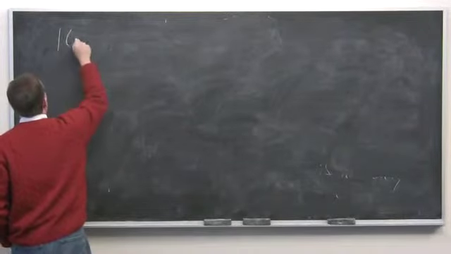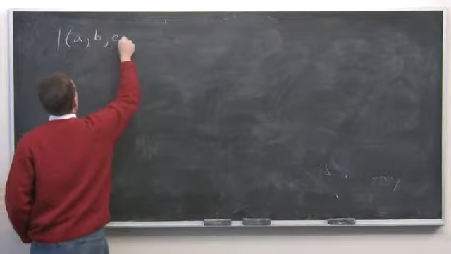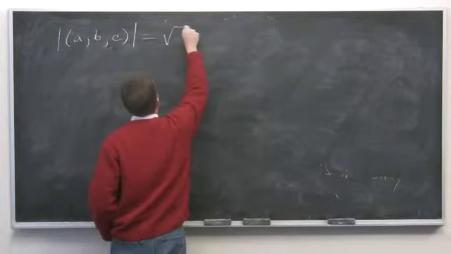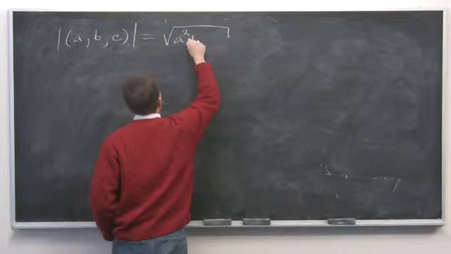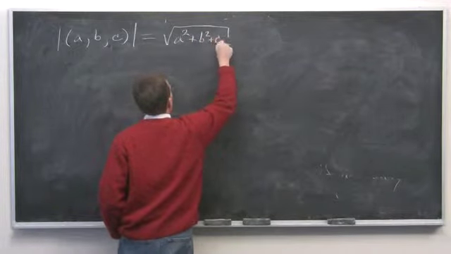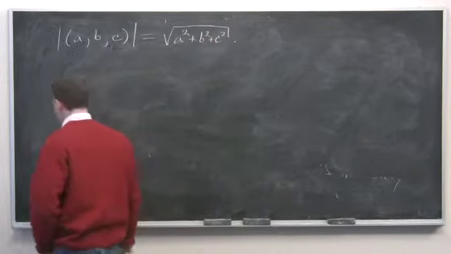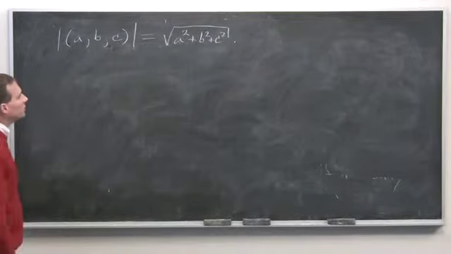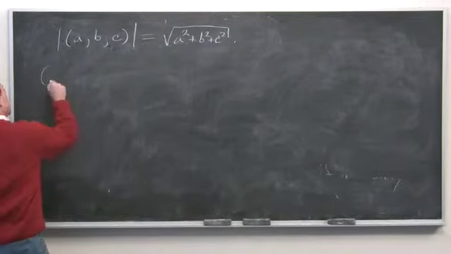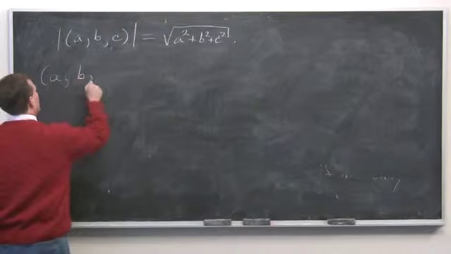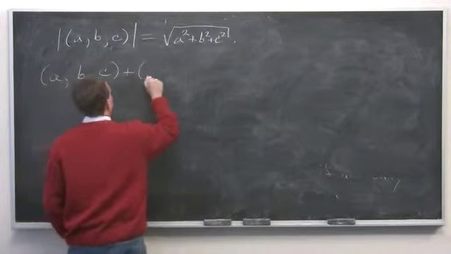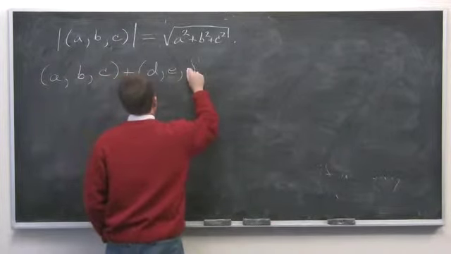So the magnitude of the vector ABC is just the square root of the sum of the squares. So the length of the arrow that we would use to represent it from the origin to the point ABC. Vector addition is defined component-wise.